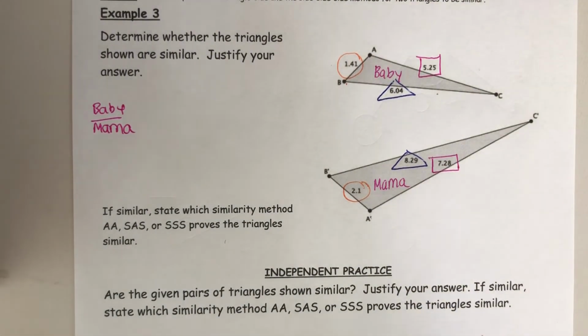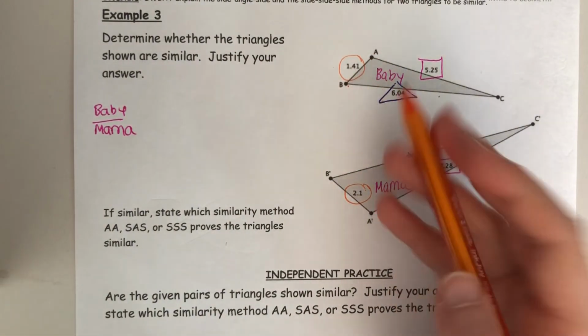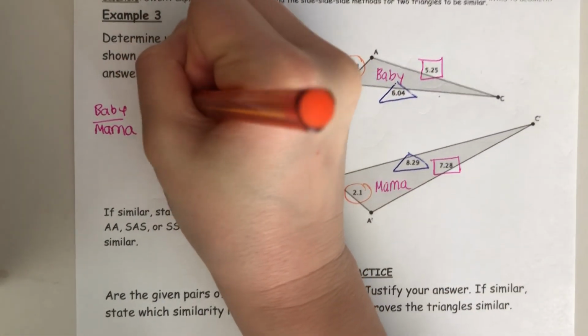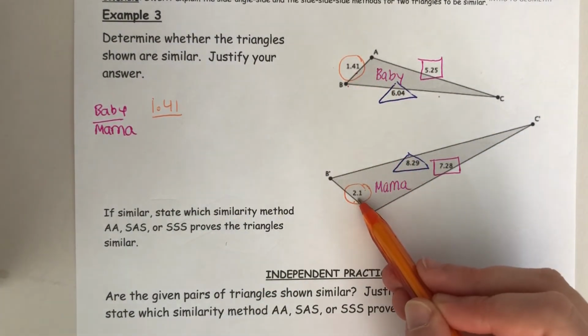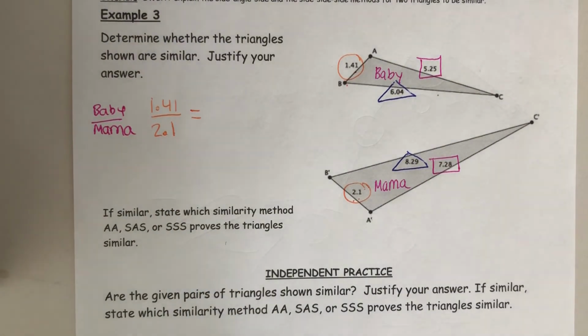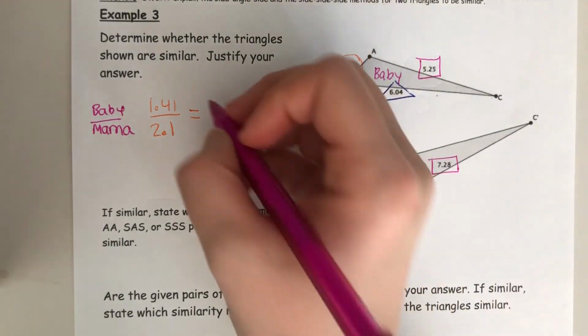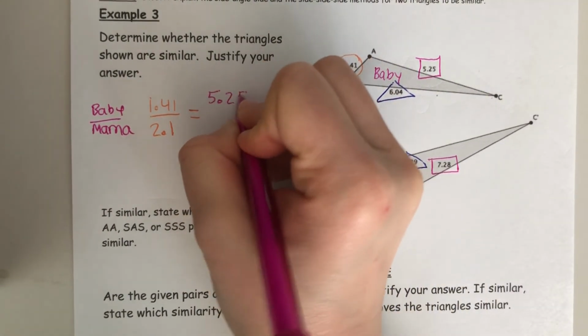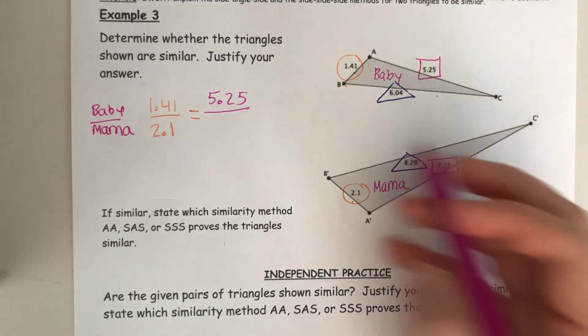So now I'm just going to set up three proportions that go right across each other. So baby, so AB is 1.41, to mama, 1.41 corresponds with my other orange circle, 2.1. Equals, so I'm going to do A to C, so baby, 5.25, my pink rectangle, corresponds with my other pink rectangle, 7.28.